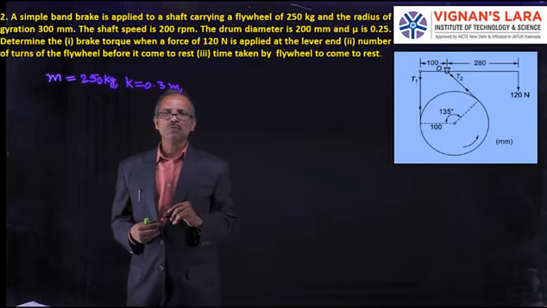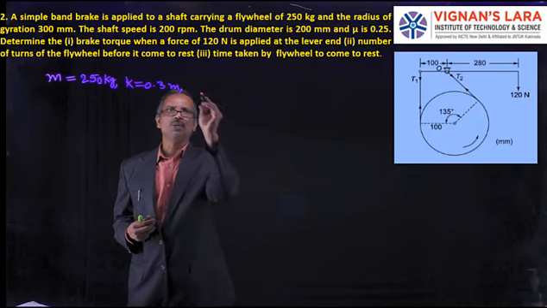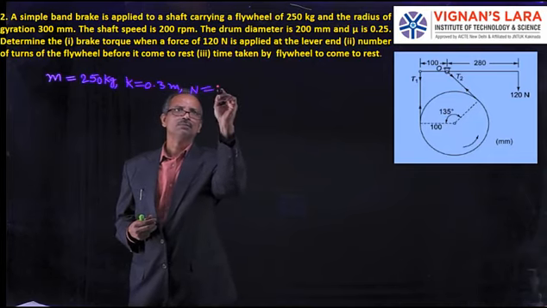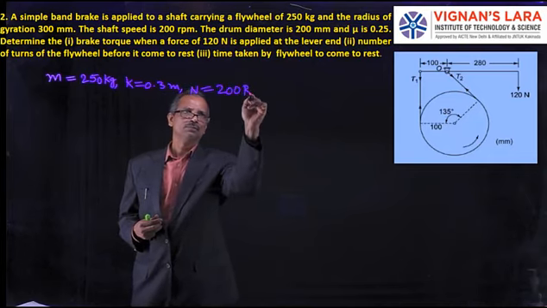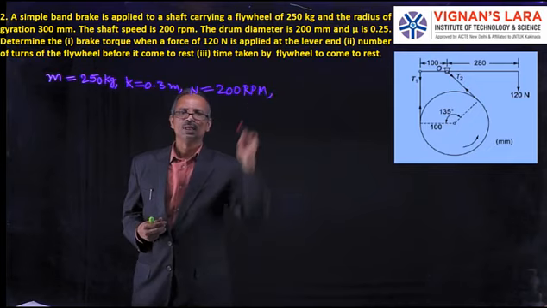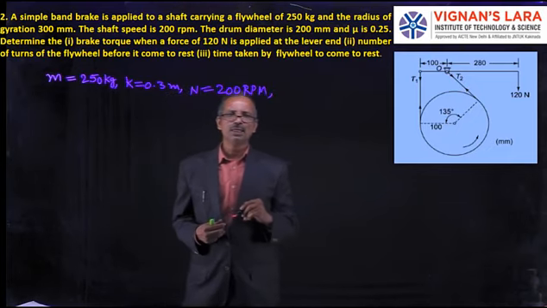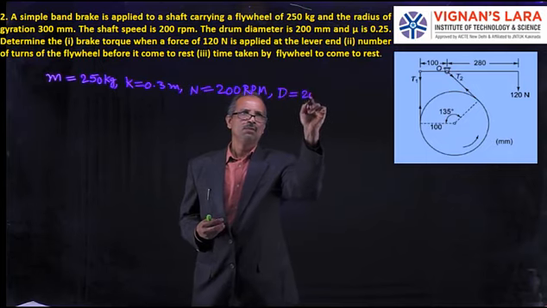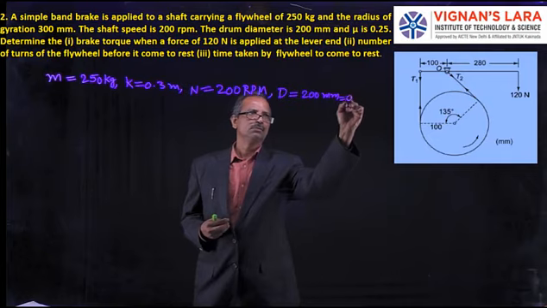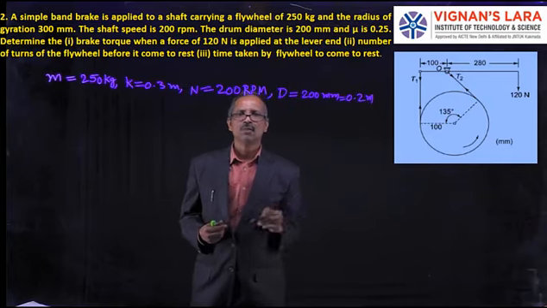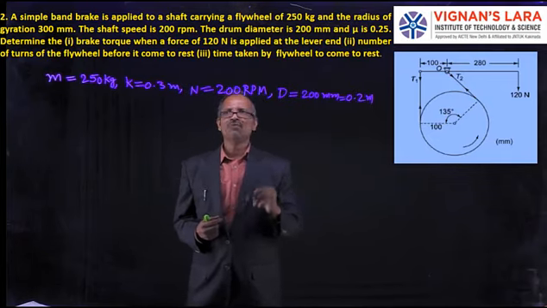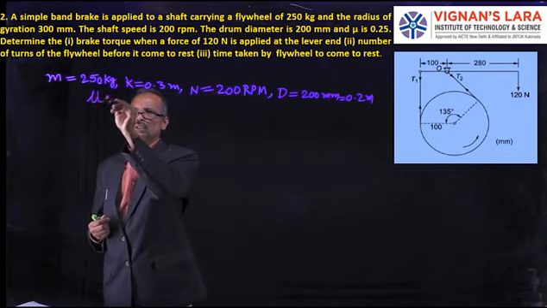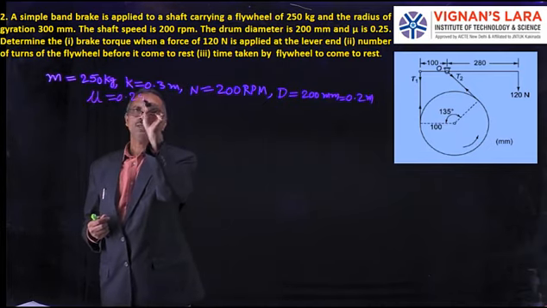The shaft speed is 200 rpm, N. The drum diameter is 200 mm, that is 0.2 meters, and the coefficient of friction mu is 0.25.